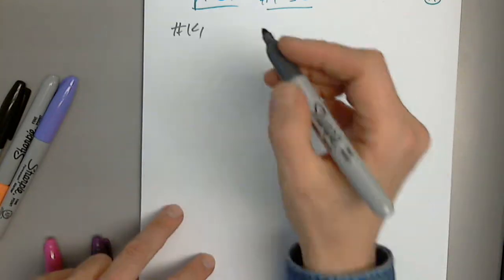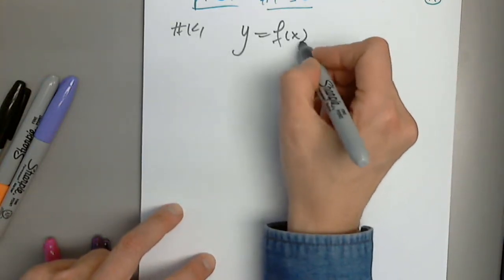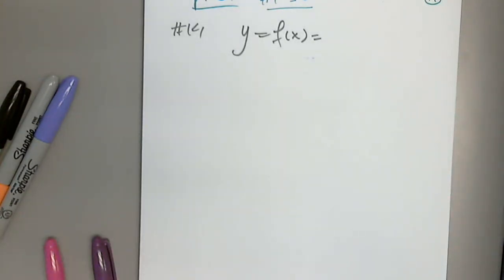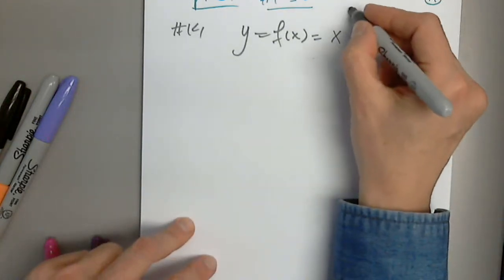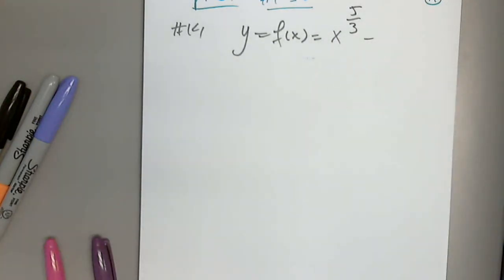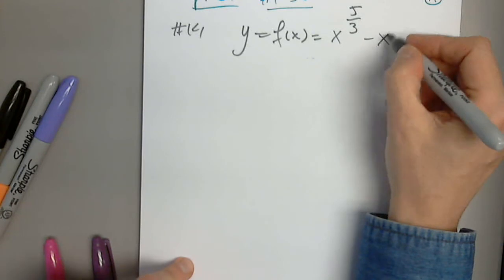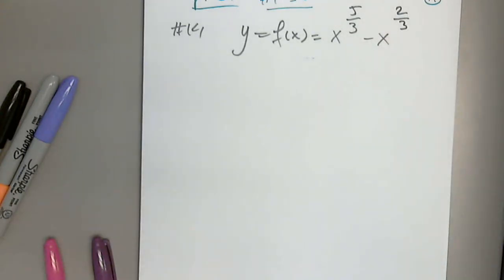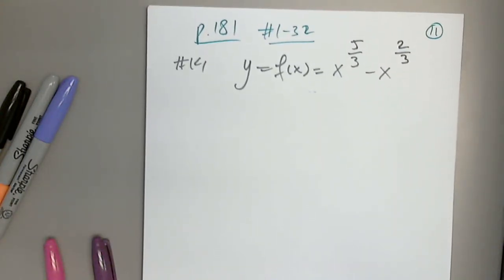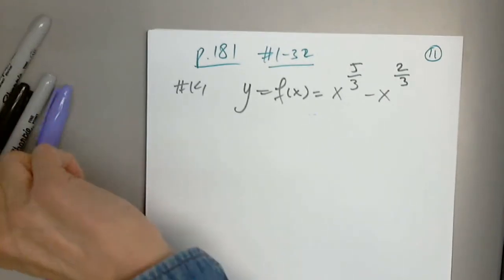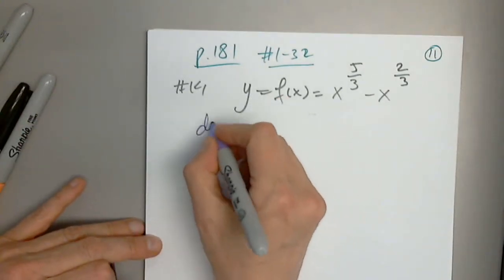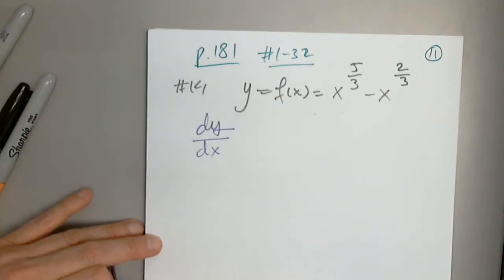So y or f of x, same thing: x to 5/3 minus x to 2/3. Now, if the problem is given using y, I should use dy over dx.